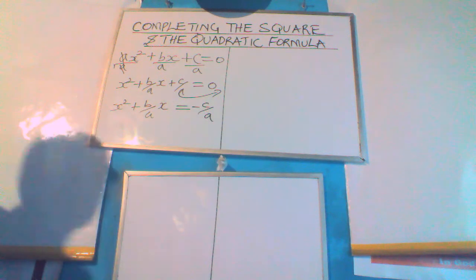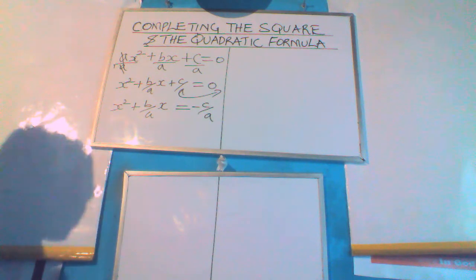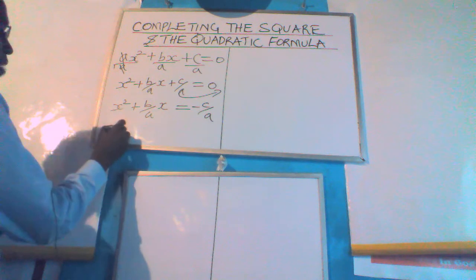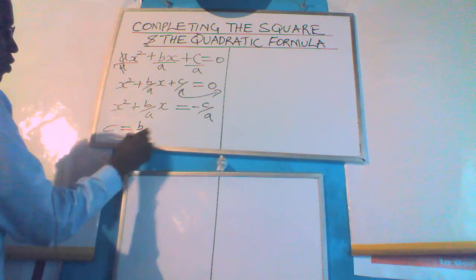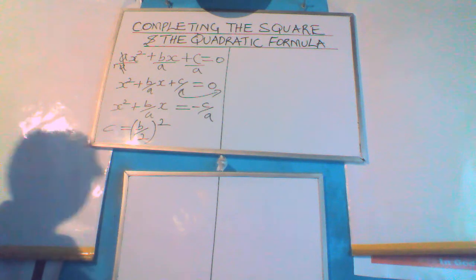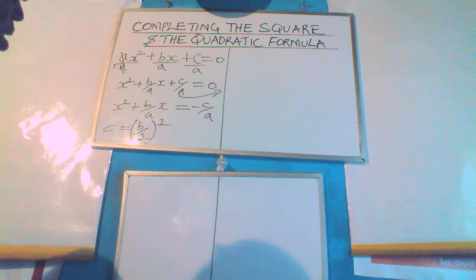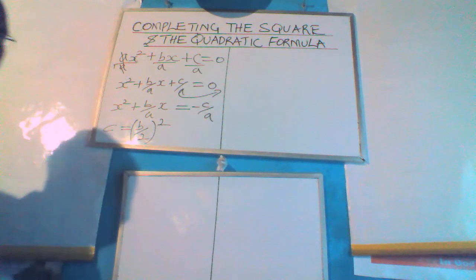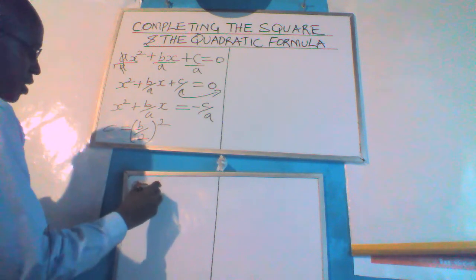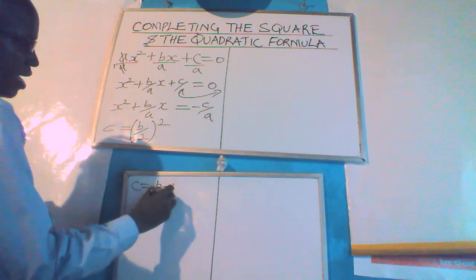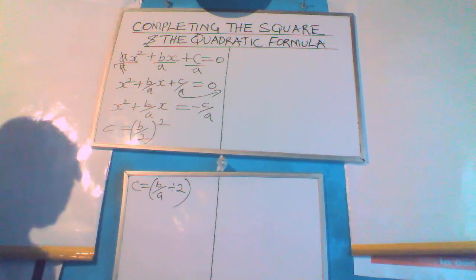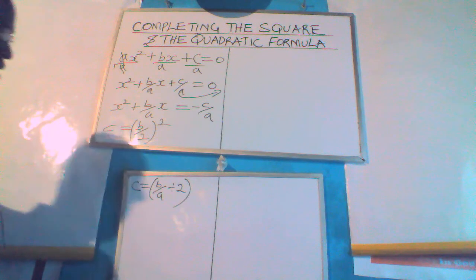The next step after moving the constant term to the right hand side is to introduce a new c, and the new c is obtained by the formula b over 2 into bracket squared. Now, given that our b term is b over a, we proceed by saying that c is going to be b over a divided by 2, simply because b over 2 is the same as b divided by 2, and our b in this case is b over a.